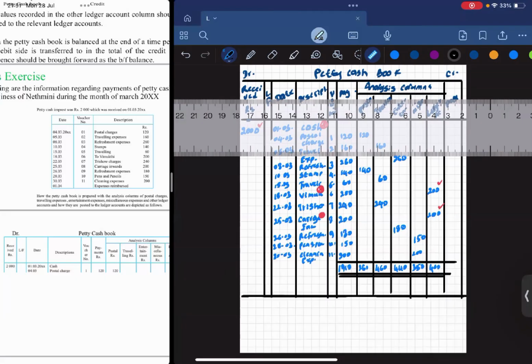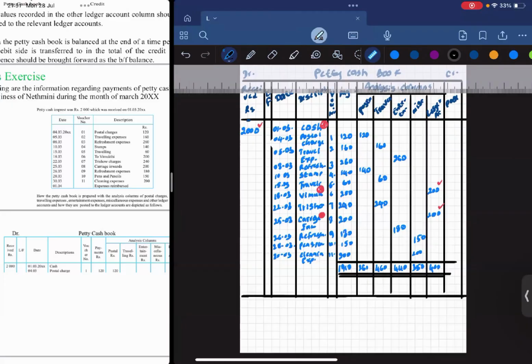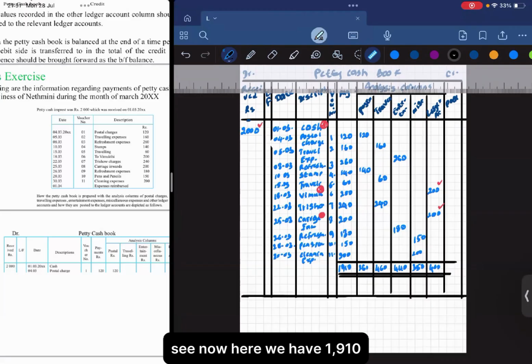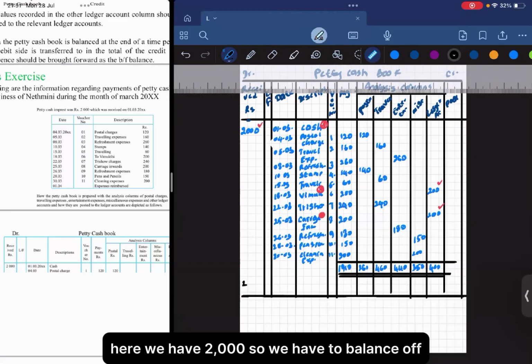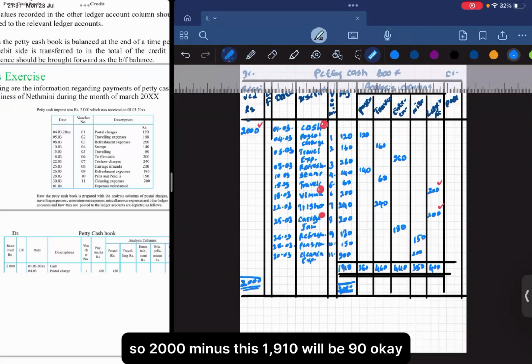And now we will have to balance off the account at the month end. So to balance off the account, now here we have 1910, here we have 2000, so we have to balance off 2000. So 2000 minus 1910 will be 90.